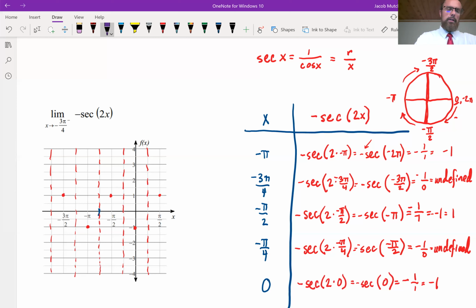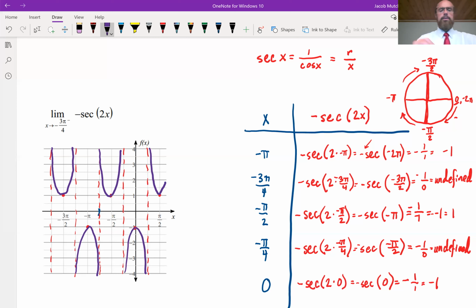So starting here on the left, the way I would graph this is an upward opening U, a downward opening U, an up opening U, a down opening U, and so forth. So that's our graph. Took a second to get it, but we found it there in the end. We could even catch that left-hand piece there.